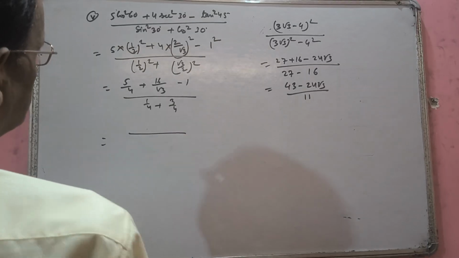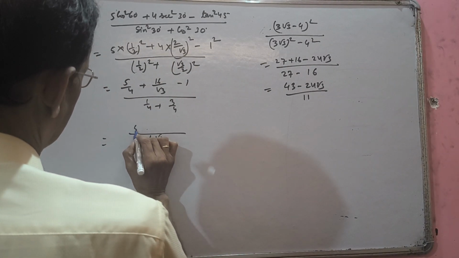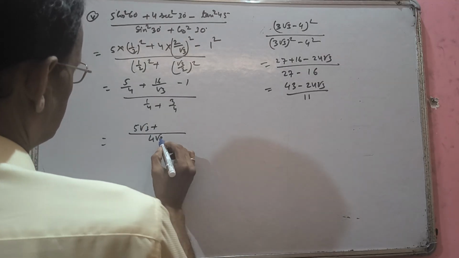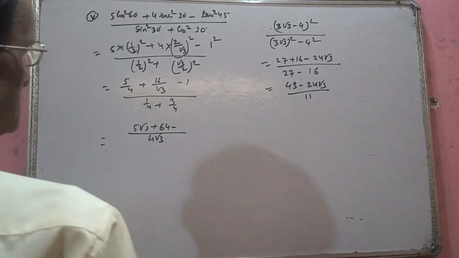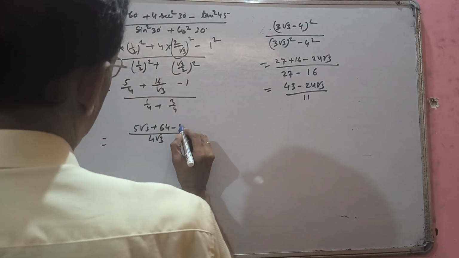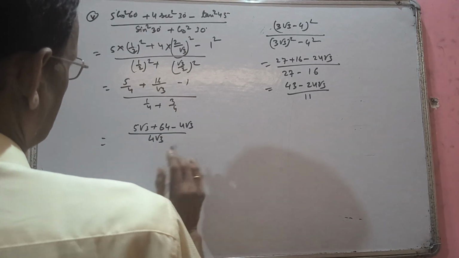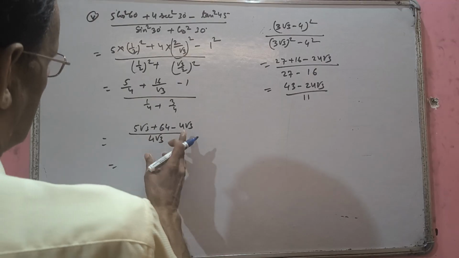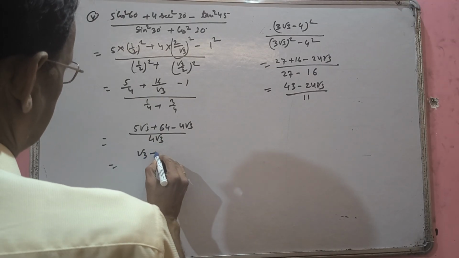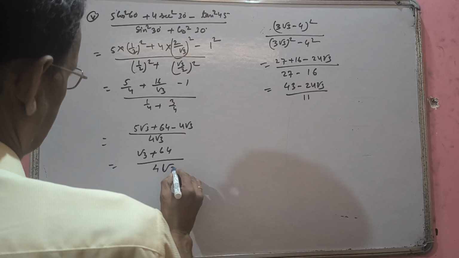And this is 1 by 4 plus 3 by 4. And take the LCM. How much will you get? 4 root 3 LCM. So how much will you get? 5 root 3 plus 64, minus 4 root 3.